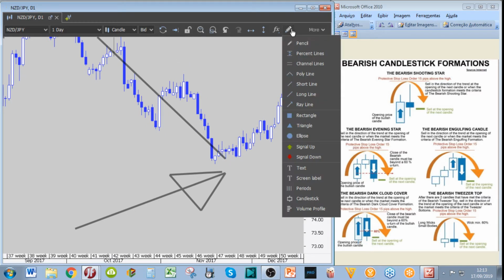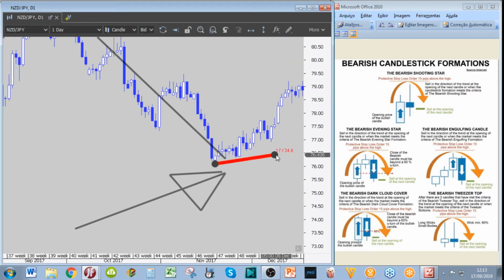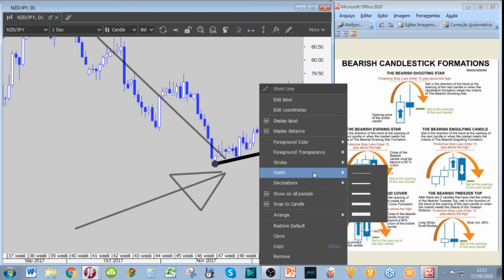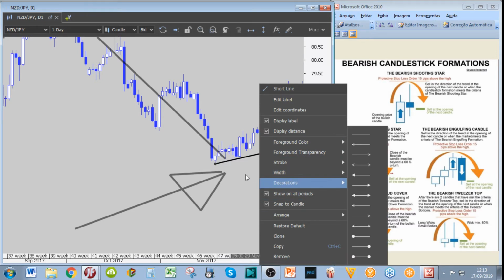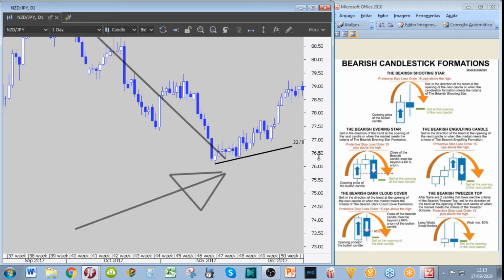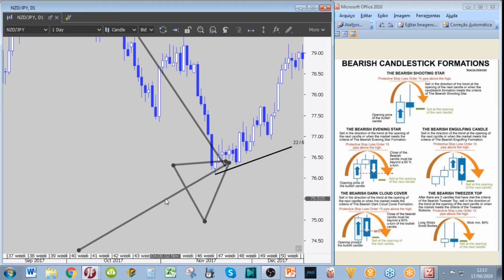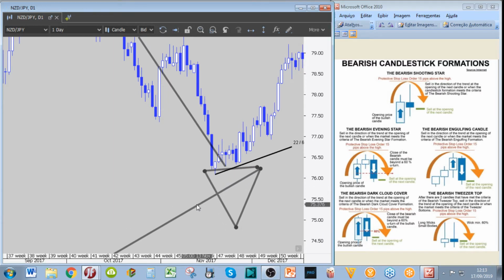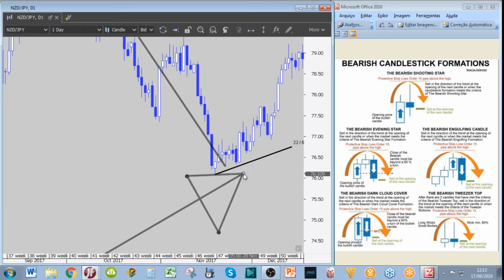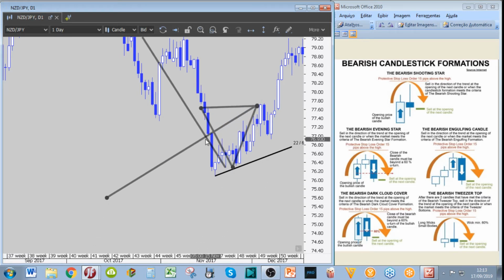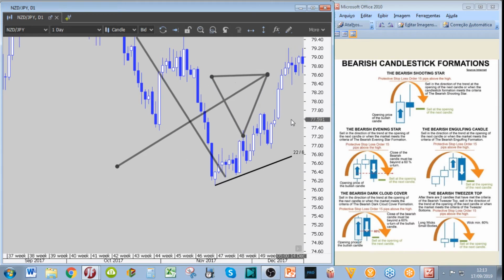We're going to monitor the counter trendline break. One more, there you go. And we are going to try to form a strategy, meaning we are going to sell the bearish candlestick formations, and we are going to put our stop. One is going to be above the formation, the other one is going to be above the downtrend line.